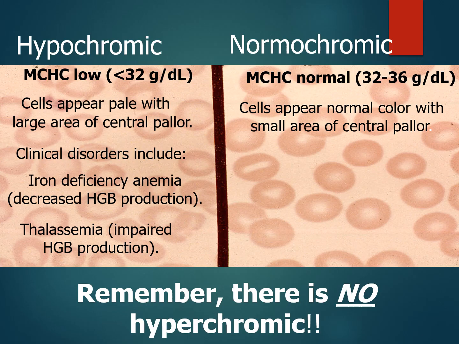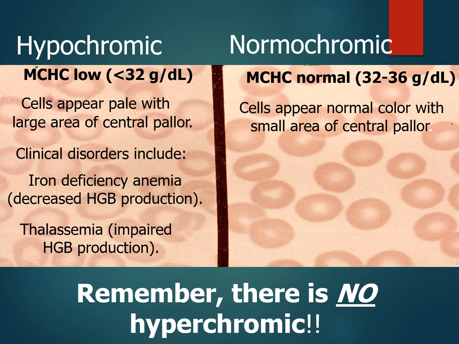Physiologically, because of the way in which the red cells are created, they have a physiological limit on how much they can contain without rupturing. So there's really nothing physiologically possible that is greater than 36.5 or 37.